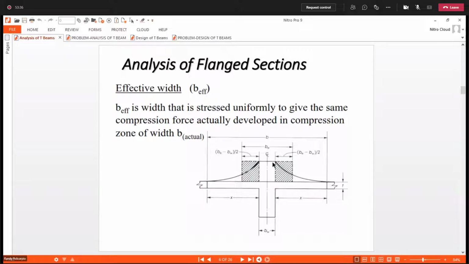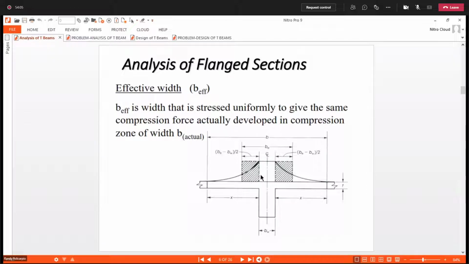Ngayon, to treat this or to simplify the analysis, we consider what we call an effective width, designated as BE. And considering this effective width, we may be able to assume that the distribution of the stress is uniform.